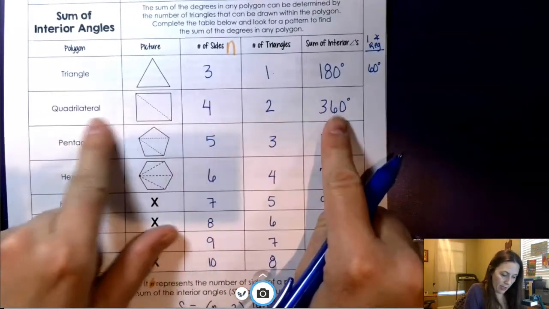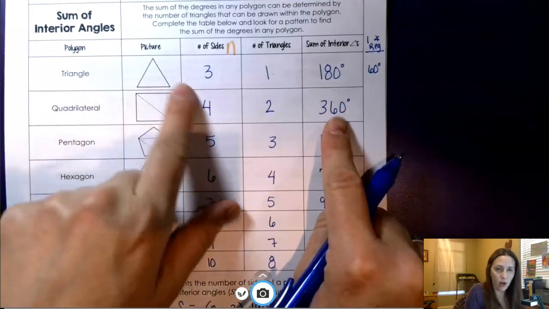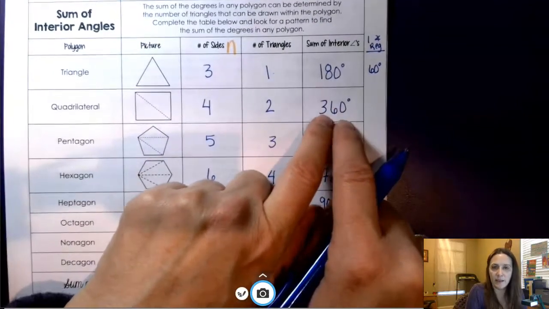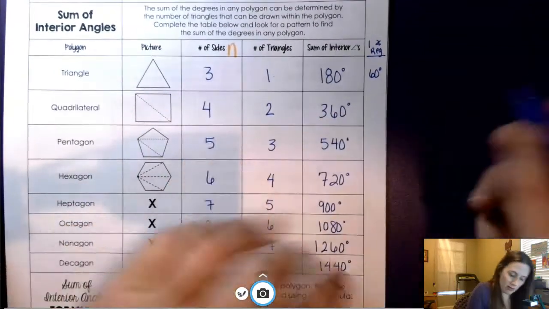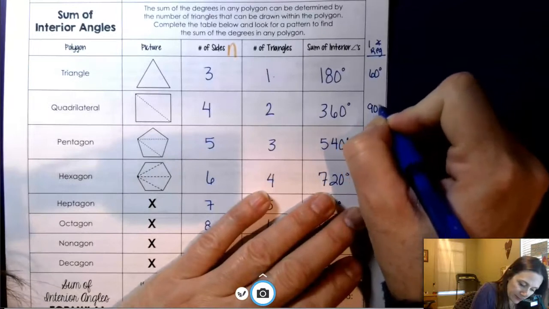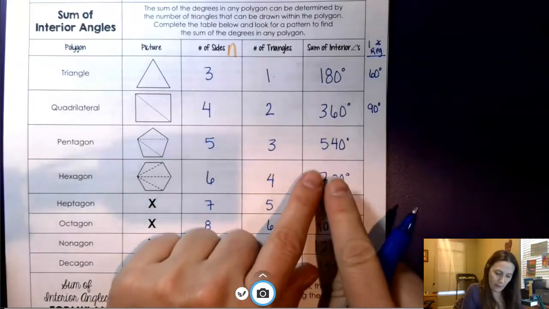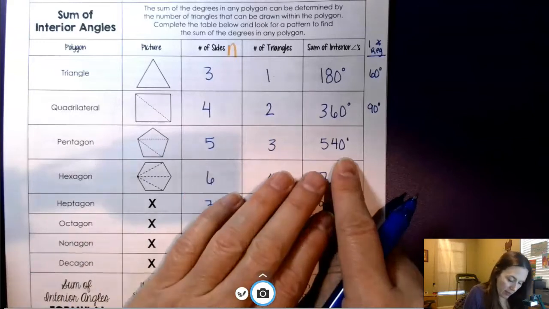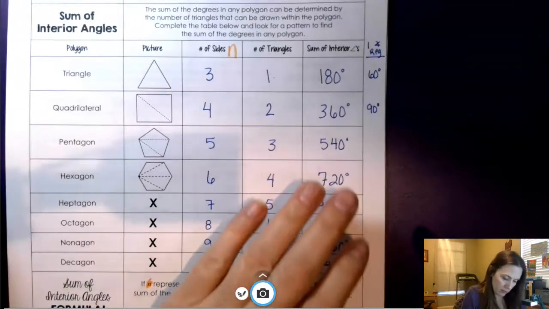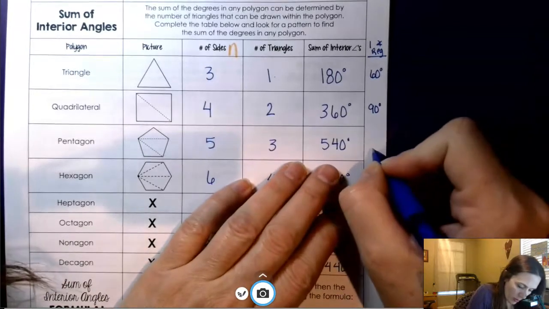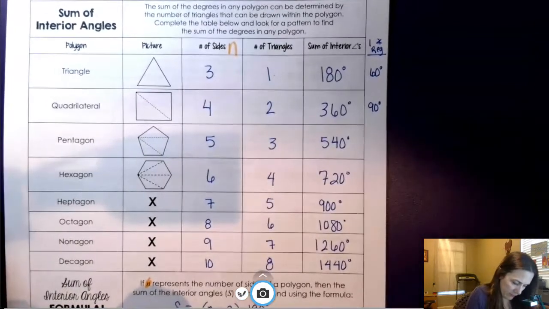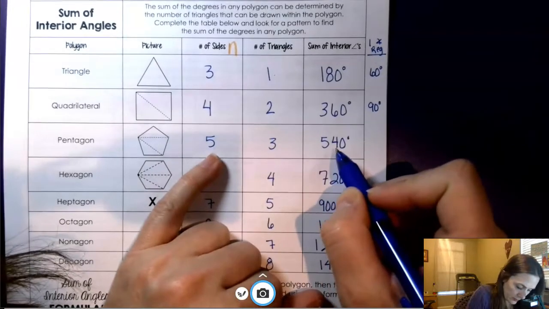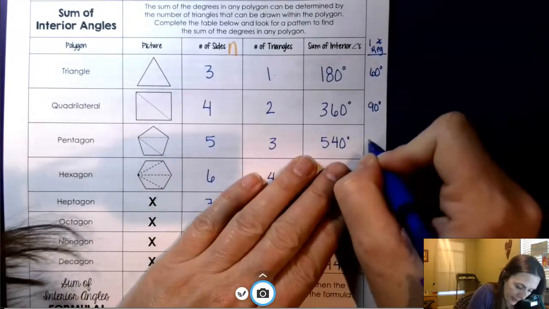If the quadrilateral was regular and all the sides and all the angles were the same, I would take the 360 and divide it by 4, and I'm going to get 90 degrees. I would take the 540 and divide it by 5, and what am I going to get there? 108.